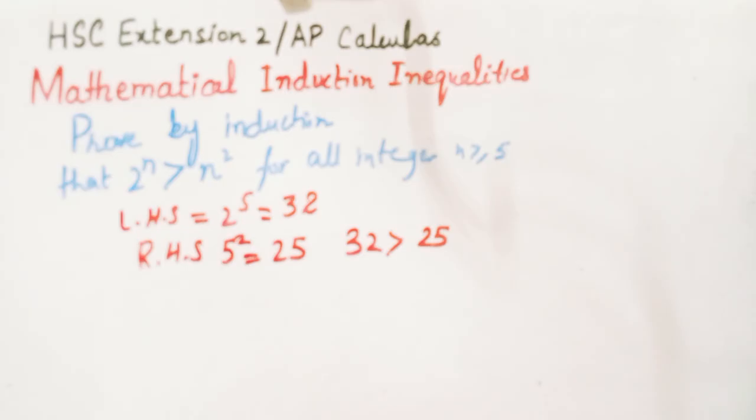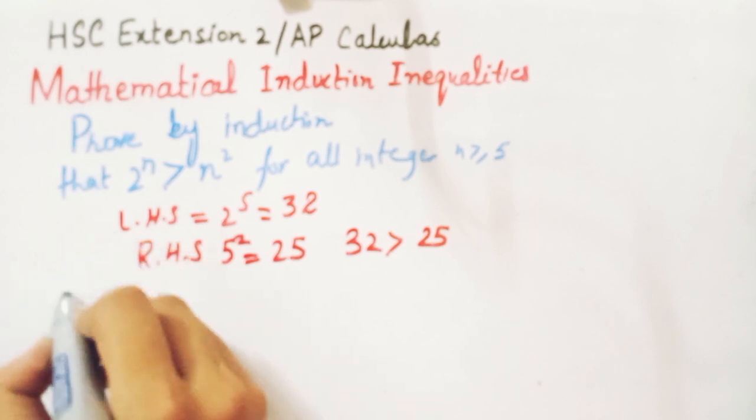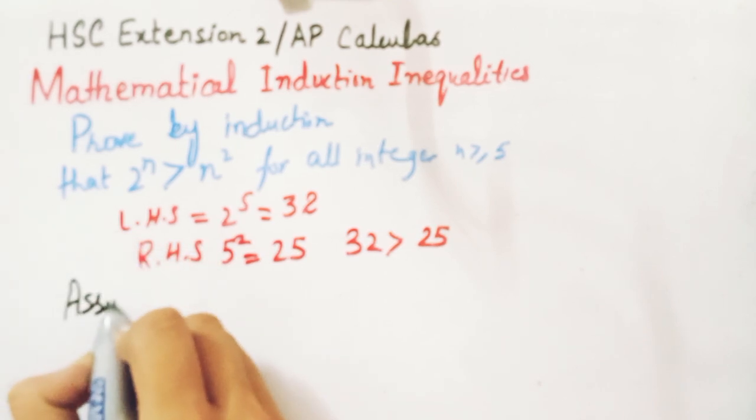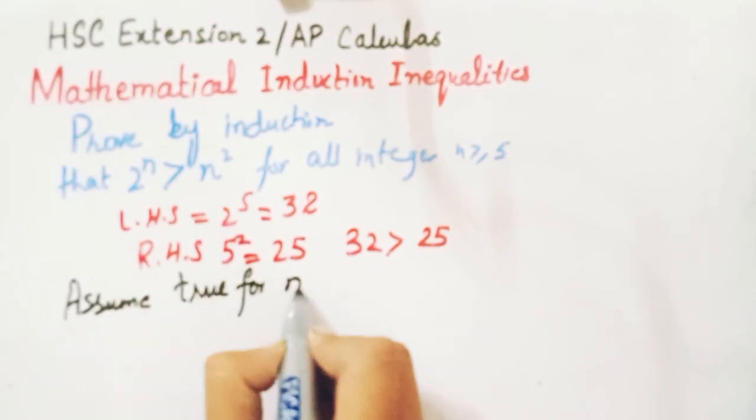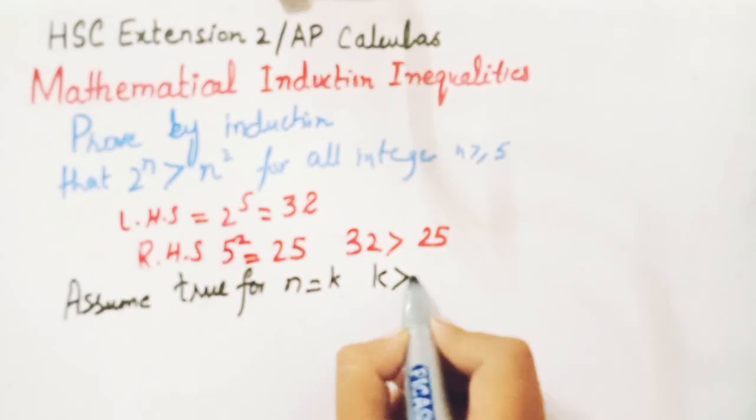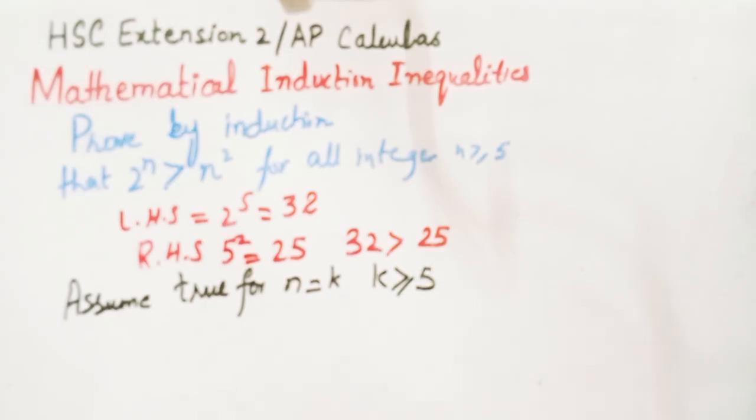So this is the assumption. Now we write: assume it is true for n equals k, where k is greater than or equal to 5. This is the inductive hypothesis.